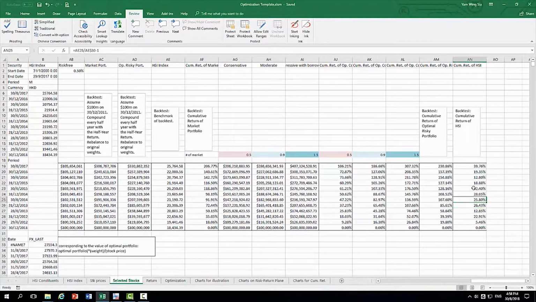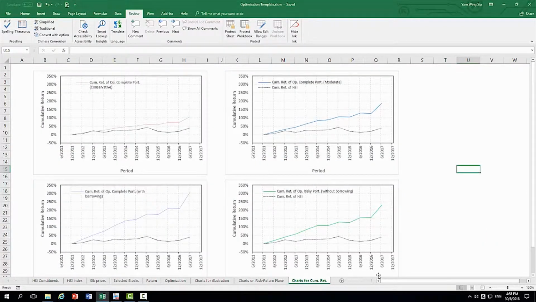And here is the cumulative return of HSI. With this cumulative return data, you can plot the chart of cumulative return, like the 4 charts shown here.